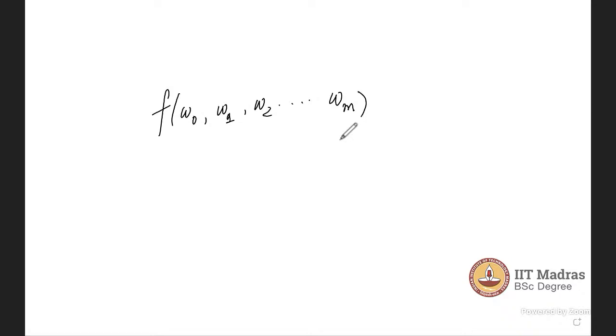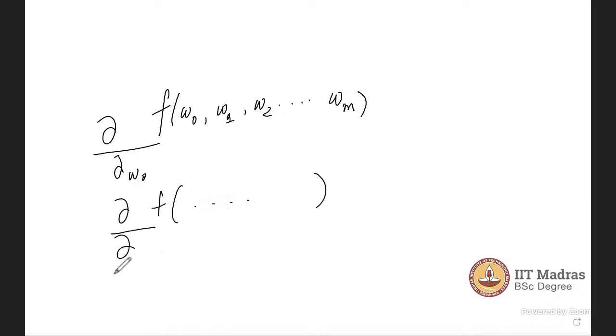What I want to do is find the partial derivative of this function with respect to each individual parameter. So I can write this, then again I'll write f and w1, and every time I'm going to differentiate this function f, but with a different parameter.